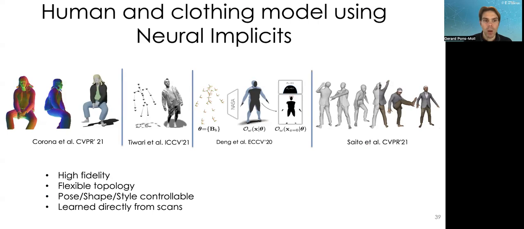So neural implicit models for people in clothing and for articulation are high fidelity and flexible in topology, and they allow some degree of control, although this is more difficult. And very importantly, they can be learned directly from scans without registration. This means that the output also does not produce registered meshes. However, it's sometimes convenient to not worry about registering the data beforehand.